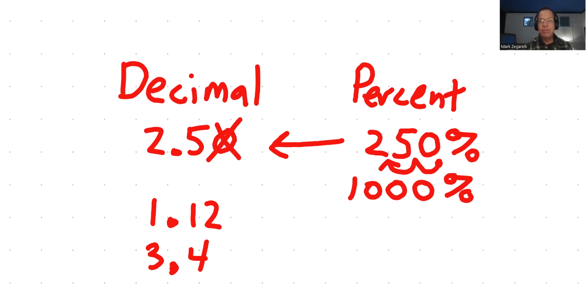The answer is 2.5. Same is true with 1,000%. If you put a decimal point here and then move it two places to the left, the result is simply 10. You could say 10.00 if you like, or you don't have to.